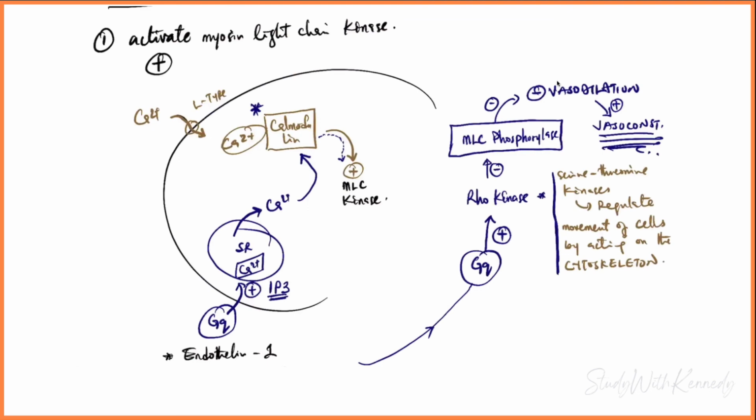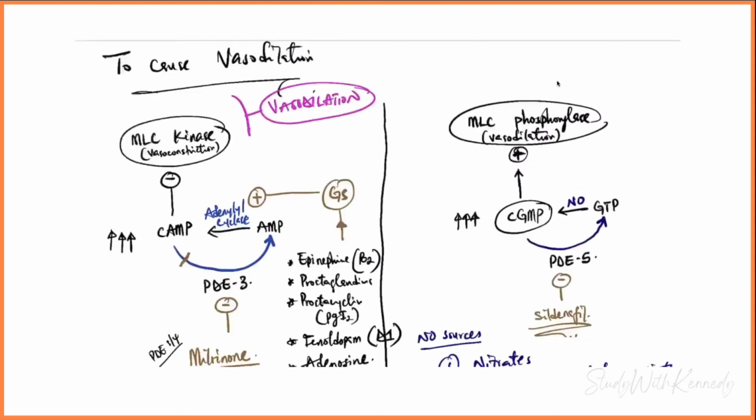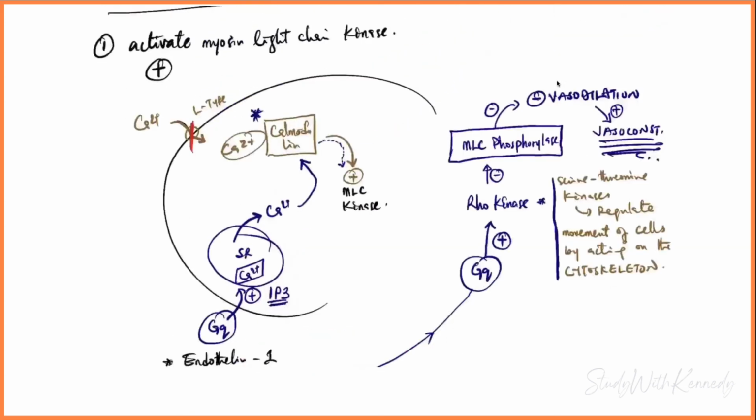One way we can cause vasodilation is going to be to inhibit these calcium receptors. We said earlier that by inhibiting myosin light chain kinase, we cause vasodilation. And you remember we had highlighted that calcium calmodulin complex activates myosin light chain kinase and causes vasoconstriction.